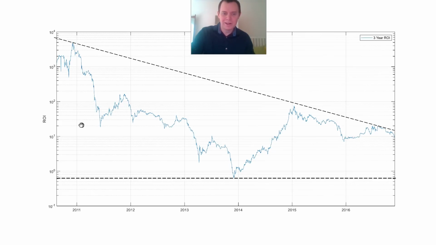Otherwise, you're likely looking at least 10x for most of it, and between say 2 to 10x for this portion over here. And again, buying in this region would have been quite strange, buying into Bitcoin when it was doing really well, and then selling right before it was about to take off.